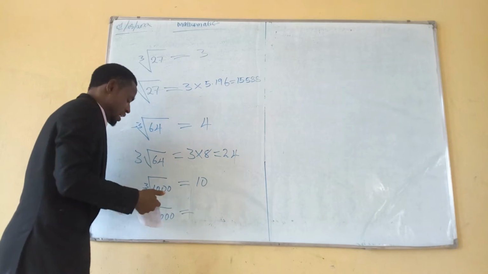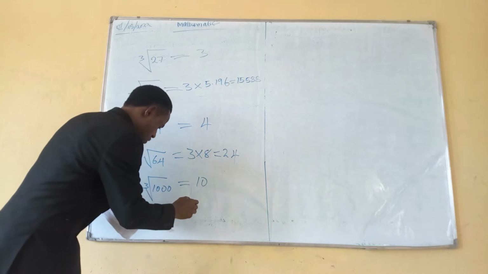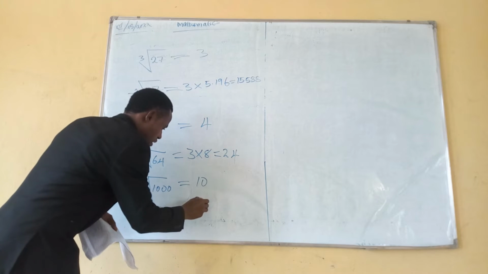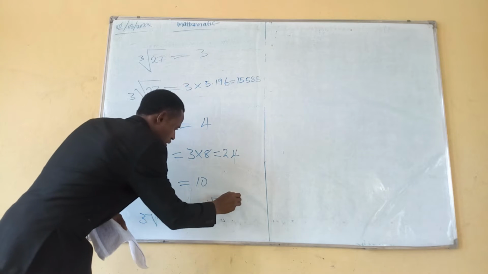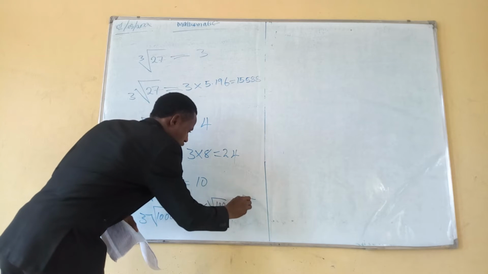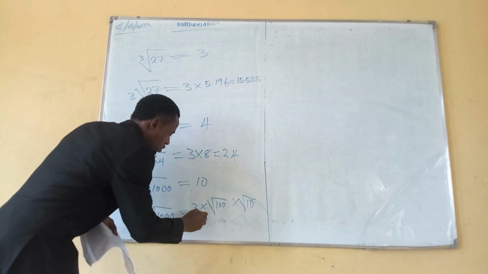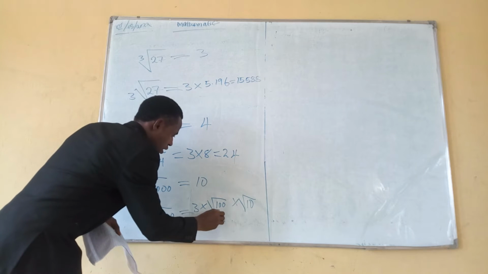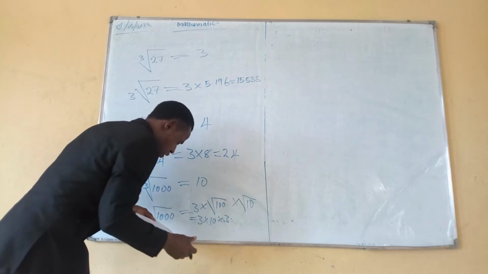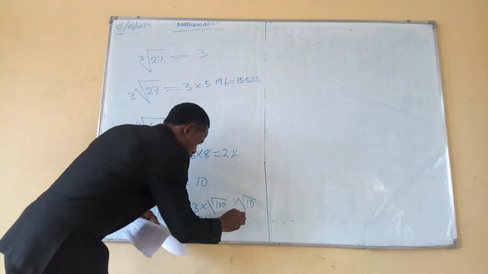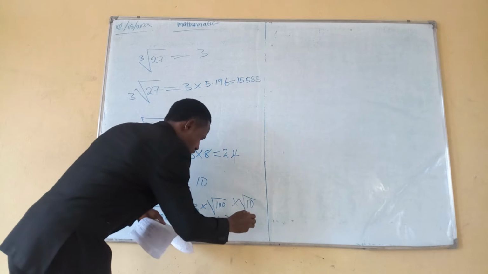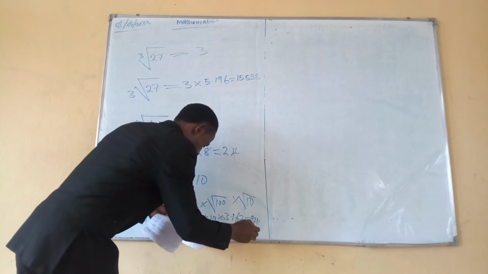You are going to get 3 times root 100 times root 10, which will be equal to 3 times 10 times 3.162, which will eventually give us 94.86.